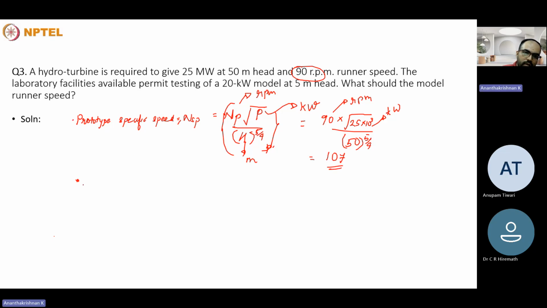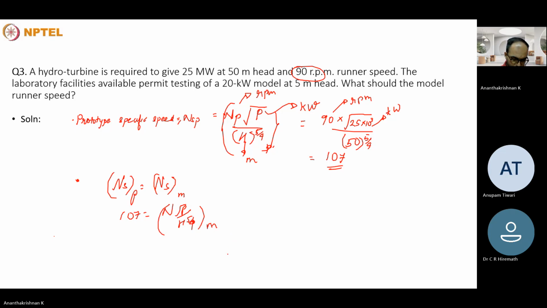And now we have to compare the specific speed of the prototype and the model. The specific speed of the prototype will be the same as the specific speed of the model. So 107 will be equal to, similarly, N root P divided by H raised to 5 by 4 for the model.